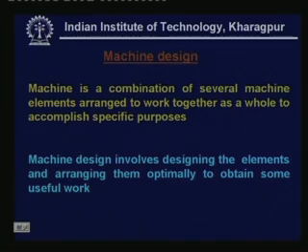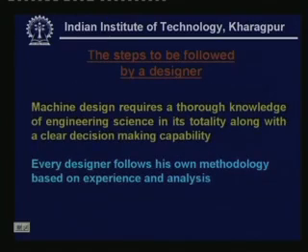This is what we understand by the machine and machine design as a whole. Machine design requires a thorough knowledge of engineering science in its totality along with clear decision making capability. Every designer follows his own methodology based on experience and analysis, that we all know.